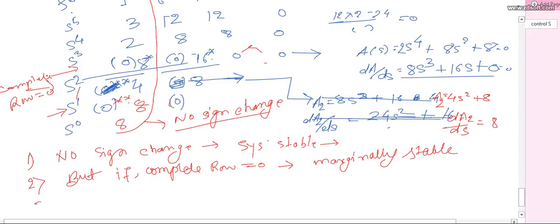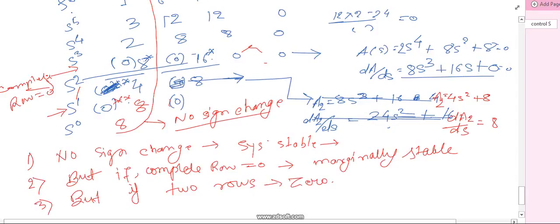Again, but if two rows are 0, this implies that a pair of conjugate roots on the imaginary axis are of multiple order.